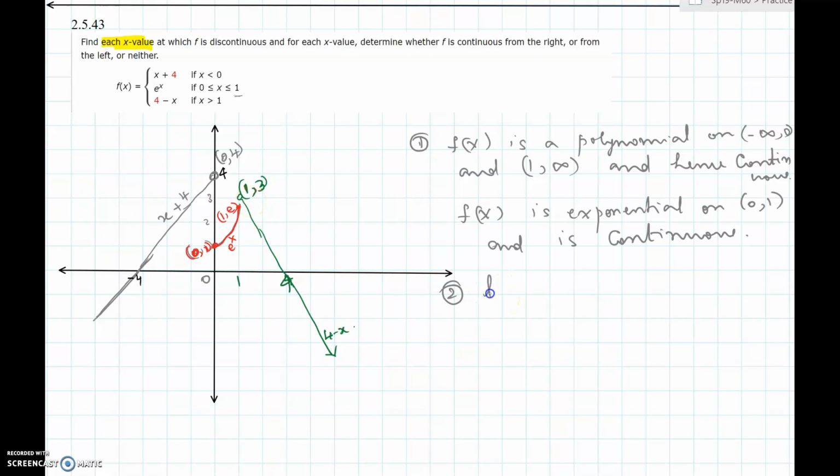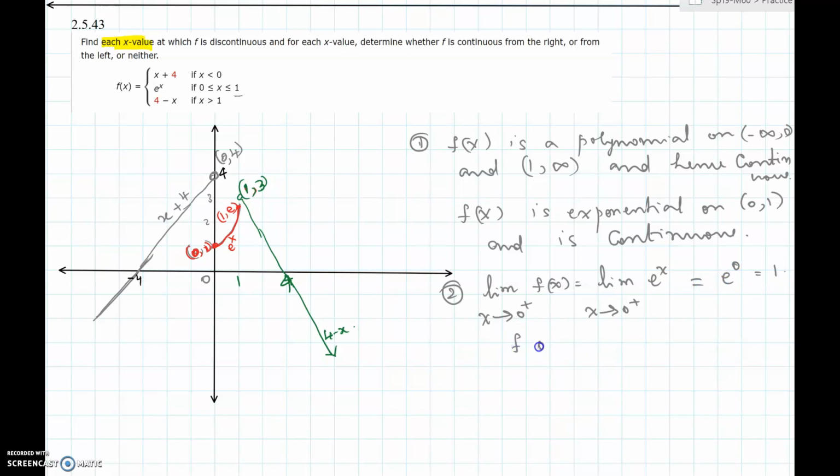So let's consider the limit as x approaches 0 from the right of f of x, so x is slightly more than 0. Slightly more than 0, it behaves like e to the x, so it is equal to e to the 0, which is 1.